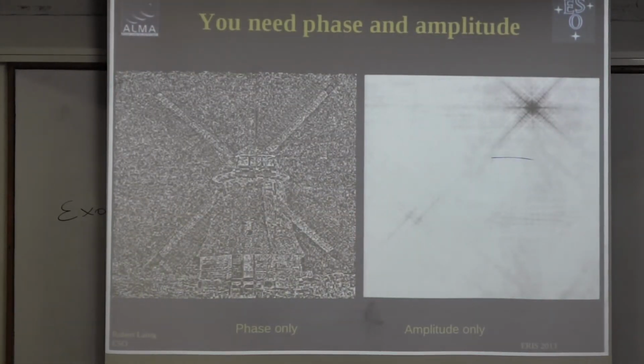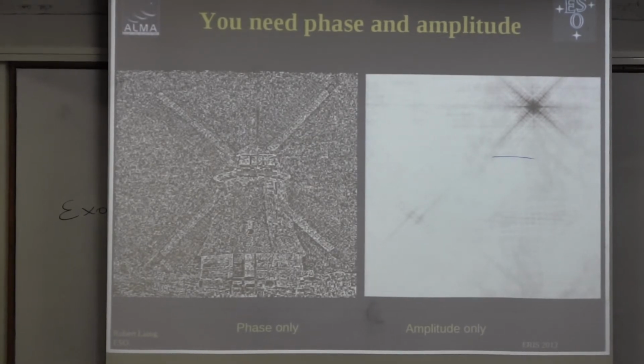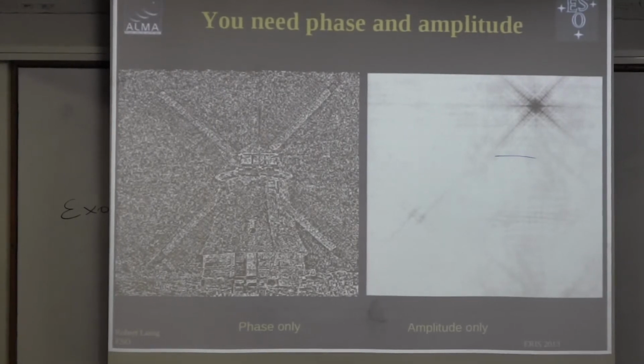And you see that in the amplitude you lose completely the pictorial information, you get only the symmetry part of the information. And in the phase you get the picture all right, but with all sorts of errors because of the amplitudes not being right. So it is crucially important to have phase information if I want to get proper images. And that's the point I wanted to drive home.